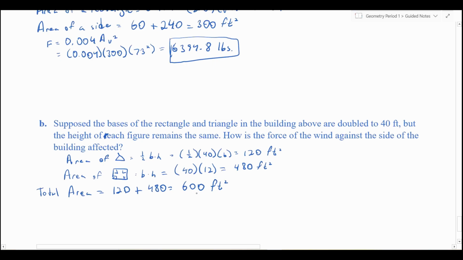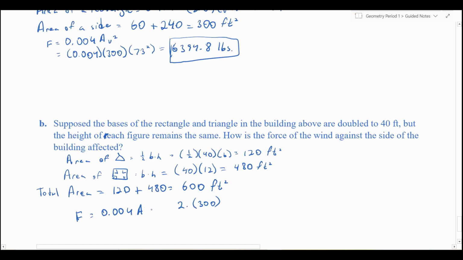So if I rewrite this as 2 times 300, that means how is the force affected? Well, this 2 means that whatever I use to multiply into the equation, force, is 0.004 times area times velocity squared.